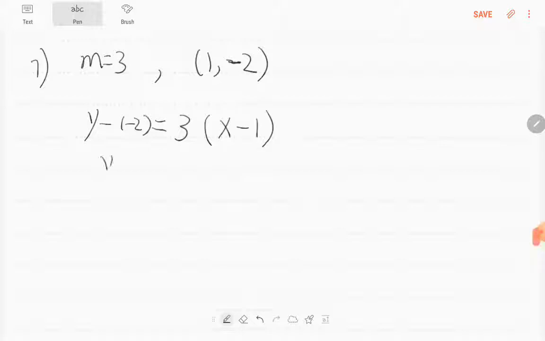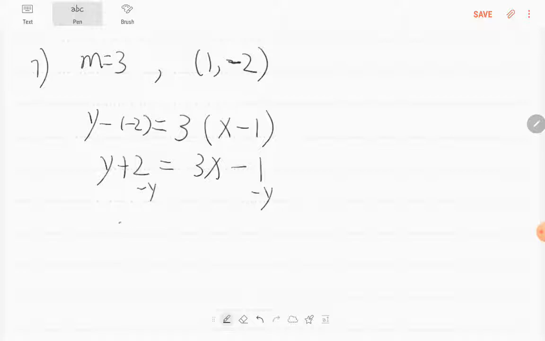So let's simplify. Y plus 2 equals 3x minus 1. Okay, so we put the xy on one side, constant on the other side. The standard form always starts from the x term. So we keep this x term, so we subtract y on both sides.